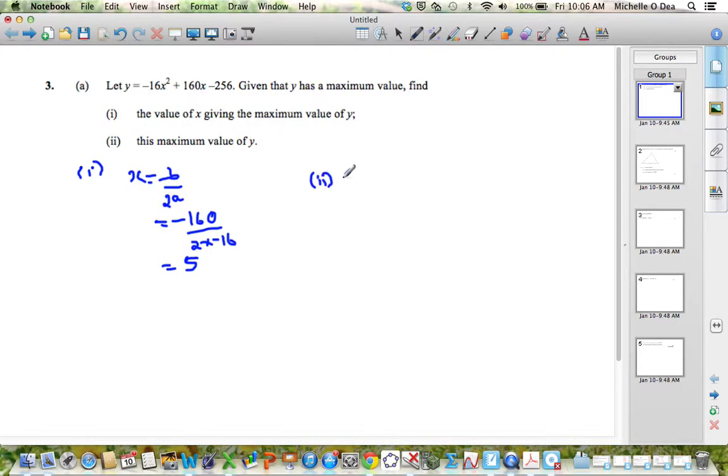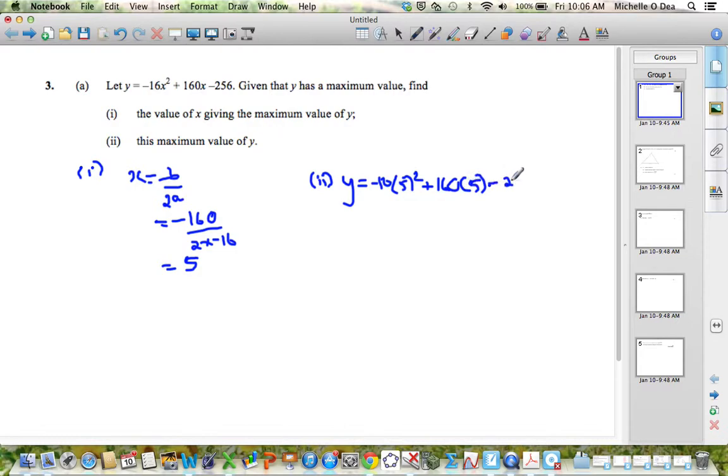And then the second part of the question asks you to find the actual maximum value of y. So now we just substitute 5 in. So we have y equals minus 16 times, substitute your value of x that gives the maximum, so times 5 squared, plus 160 multiplied by 5, and minus 256.